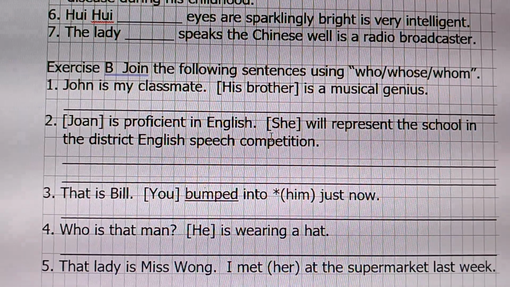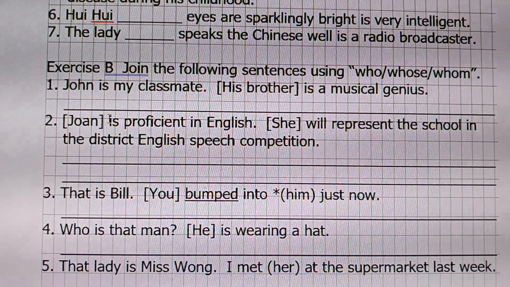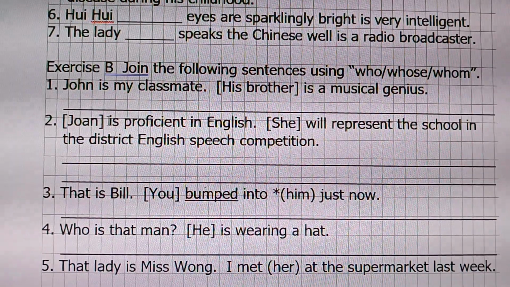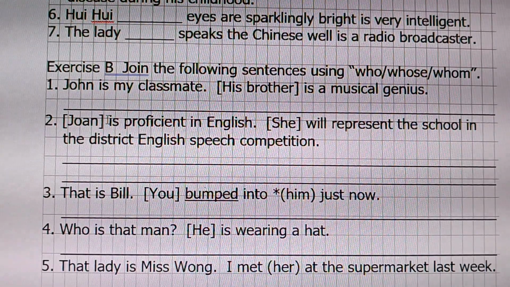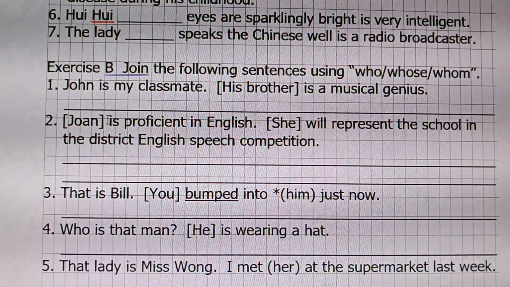This, it makes sense. In another way, Joan who is proficient in English. Who is proficient in English? This one to be the main clause. Joan is proficient in English. This one to be the subordinate clause. Who is proficient?